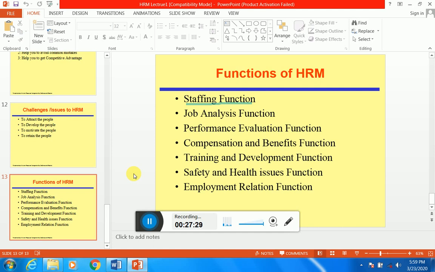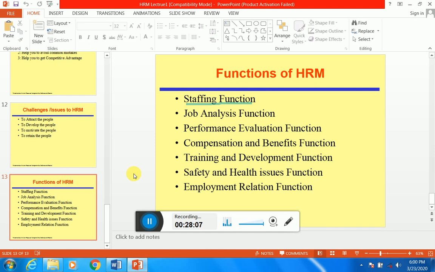The third is the performance evaluation function. After the human resources are hired by the organization, their performance is evaluated by their respective department heads or supervisors, to see how the employees have been doing at their best. The HR department assumes responsibility for developing effective performance appraisal forms and assessment procedures, and for ensuring a uniform performance evaluation system.